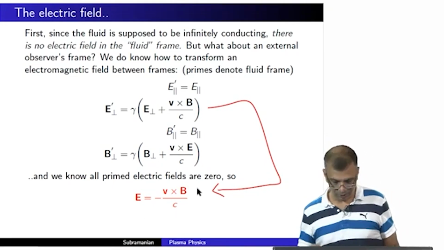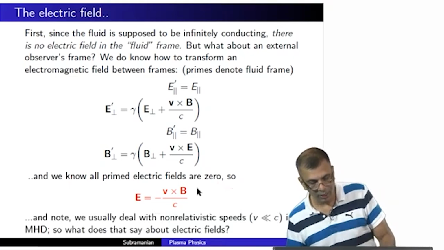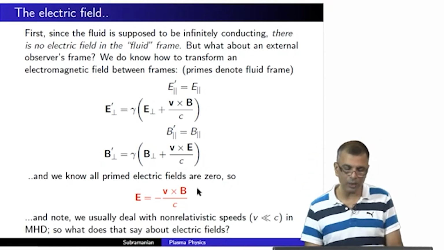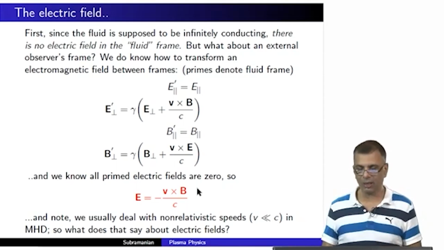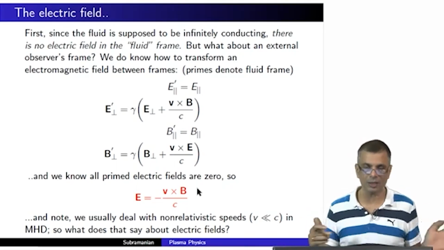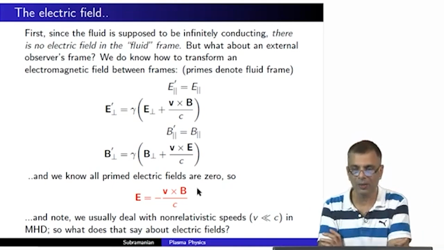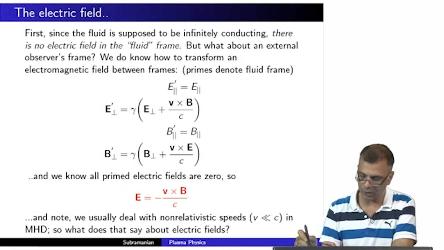Okay. And note, we usually deal with non-relativistic MHD. There is such a thing as relativistic MHD, but generally speaking we deal with non-relativistic speeds in MHD, and therefore v over c is much smaller than 1.